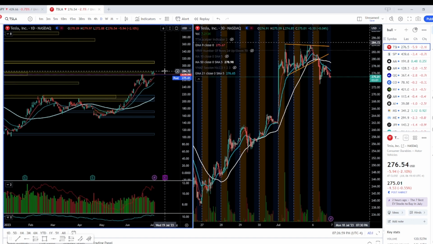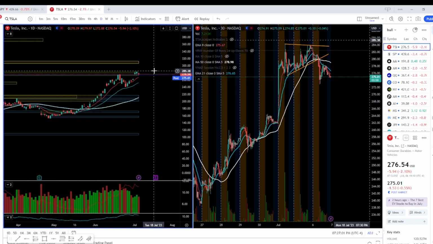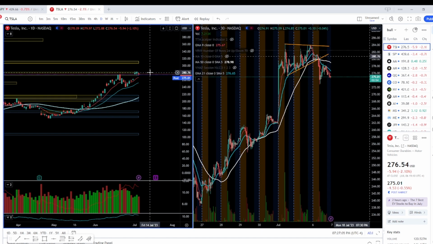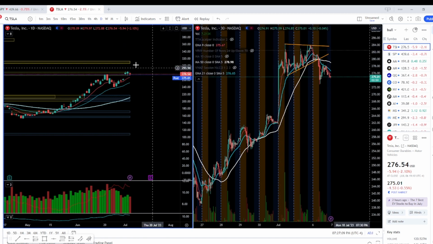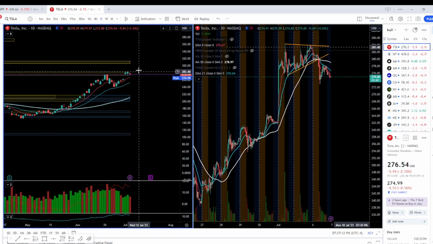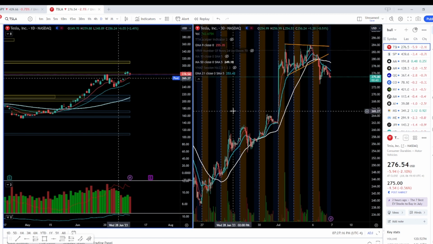So right now, if we break up to the upside, if we break above this 280 level that we pointed out tomorrow, we know that we can swing this on the shorter time frame, because on the daily time frame we still have room until 306, right? So these are the steps, guys. This is how easy it is.